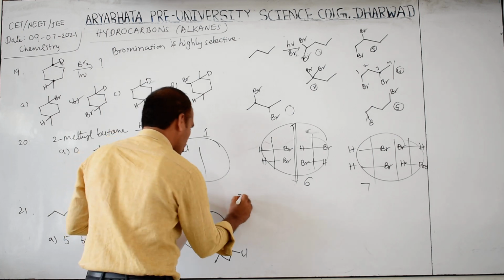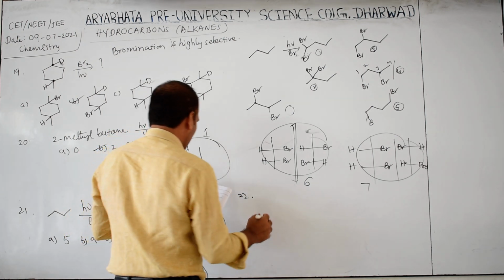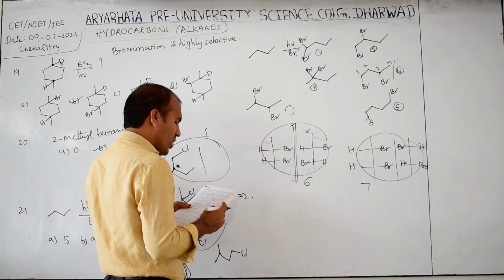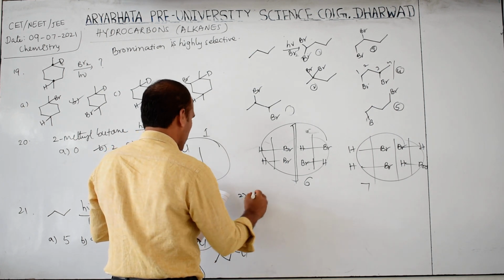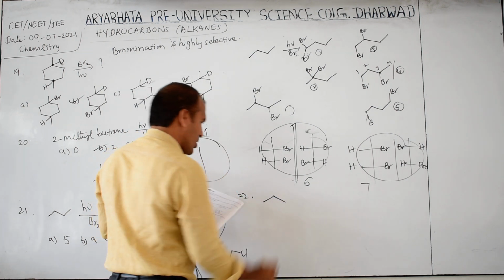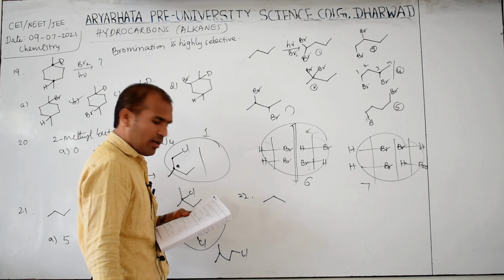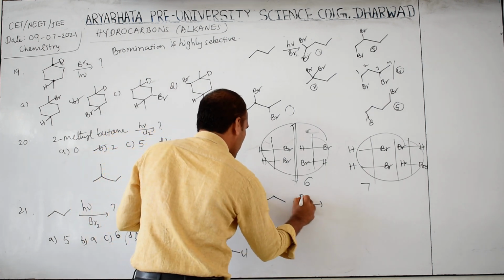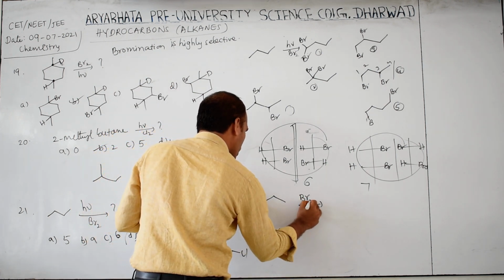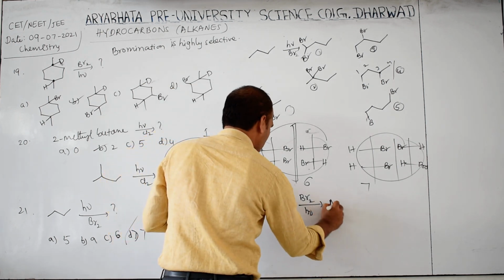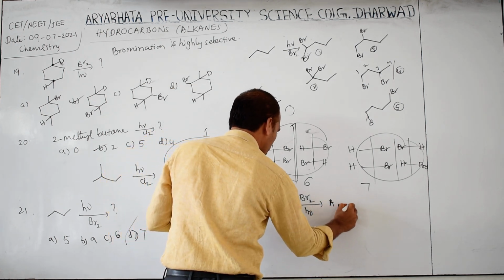Next, 22. The product B and C formed during the following conversion respectively. They given conversion. What is this? Propane. Propane react with which one? Bromine, h nu. A is a major product they given here.